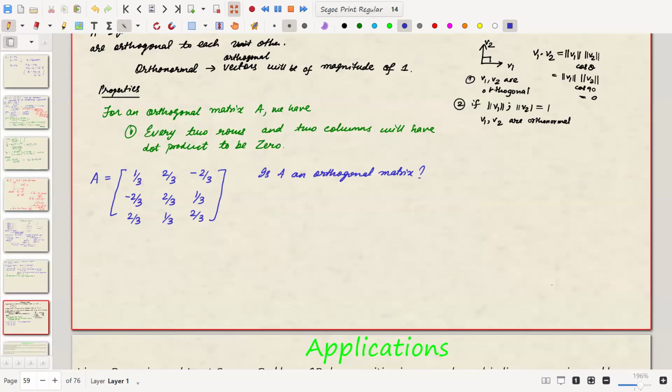It should not take too much time. Compute the determinant of this matrix. I want to know whether there is any relation with the determinant. Those who have finished computing the dot product, compute the determinant of this matrix and tell me what you get.